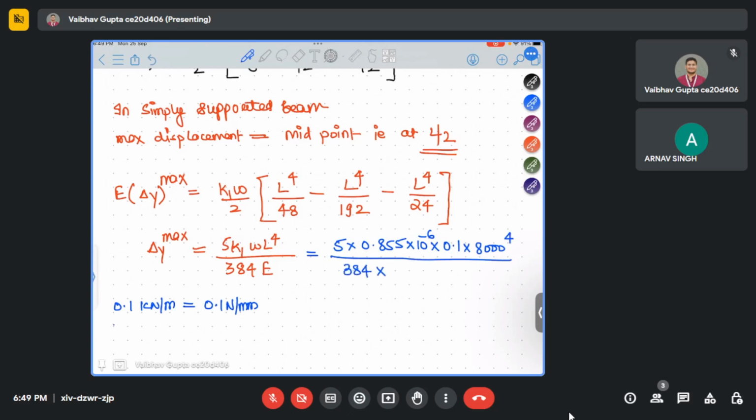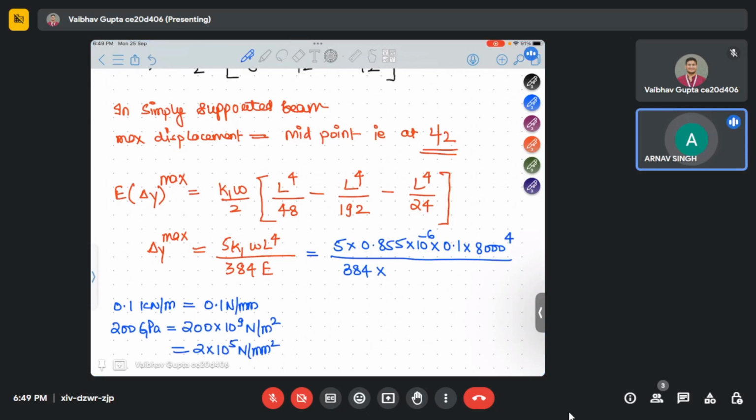E is given as 200 GPa, which is equal to 200 into 10 to the power 9 Newton per meter square, which is equal to 2 into 10 to the power 5 Newton per mm square. We changed to mm because we are taking all the units in Newton and mm.